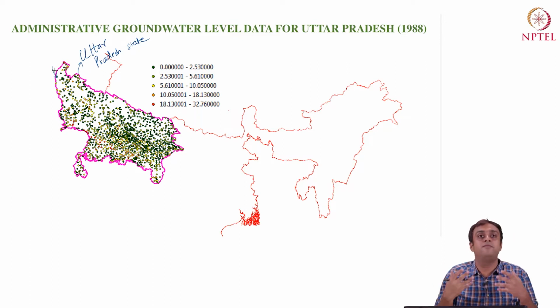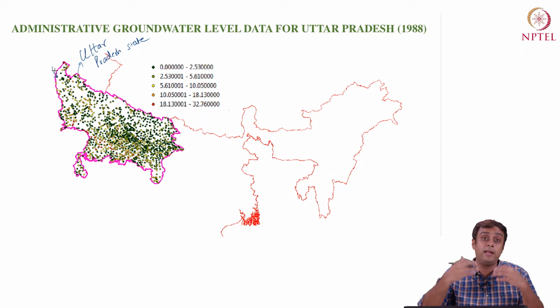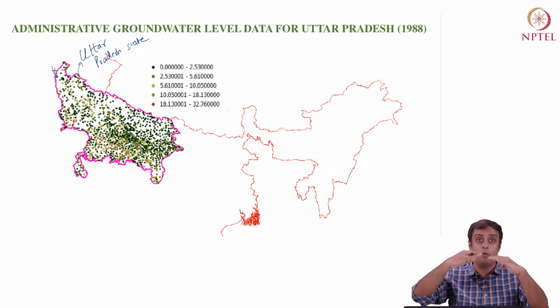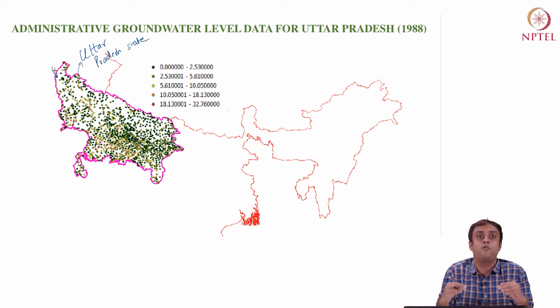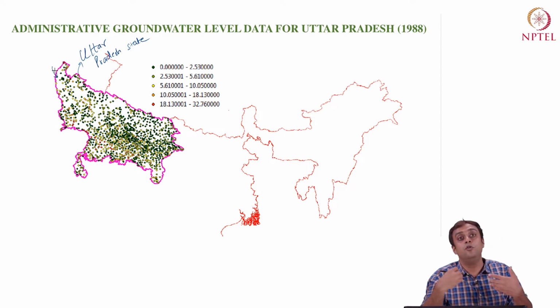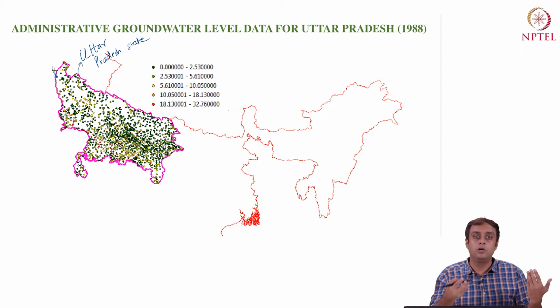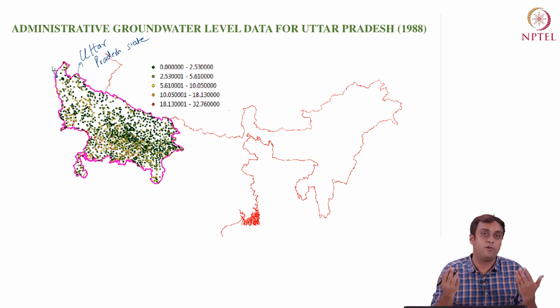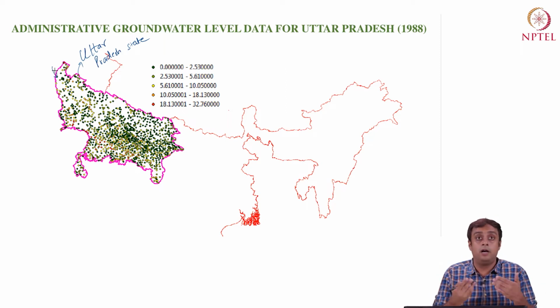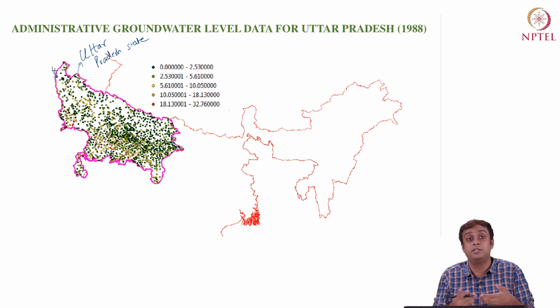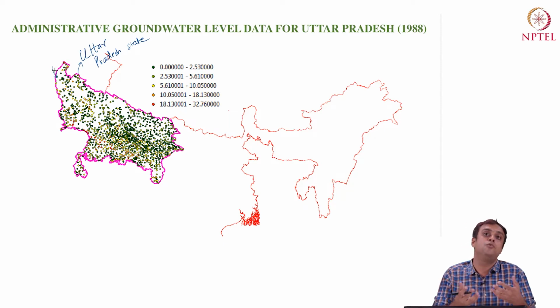And whenever you have groundwater depleting, or the groundwater depth going down quite a bit, that provides a signal to the Central Groundwater Board that you must intervene in order to control this decline in groundwater levels. If you watch the news or if you are generally interested in social issues, you would know that groundwater depletion is indeed a very serious issue in India today.